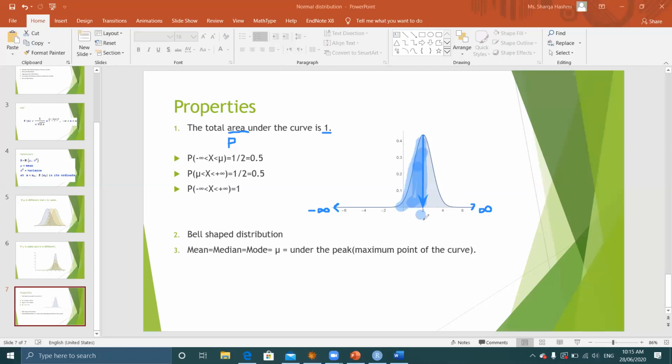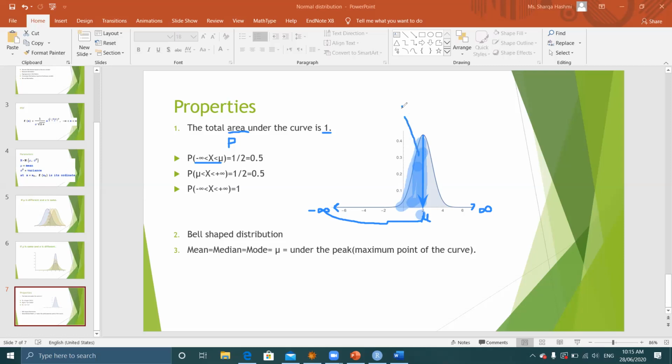So if I write here, this is our mu. And the area from minus infinity to mu is half. Half means 1 by 2 or equal to 0.5. So this is minus infinity to mu. That's why area from minus infinity to mu is equal to 1 by 2 or 0.5. So half area exists here.